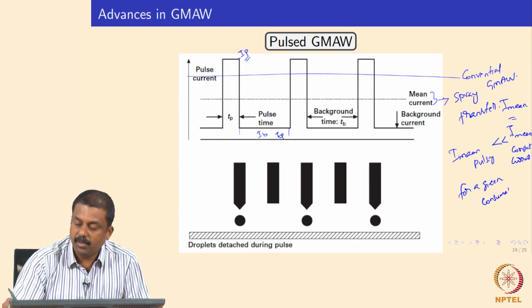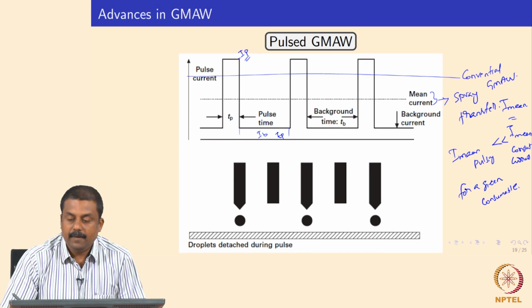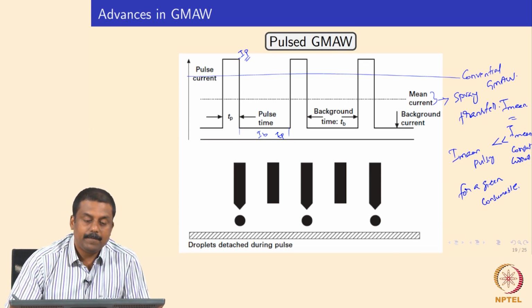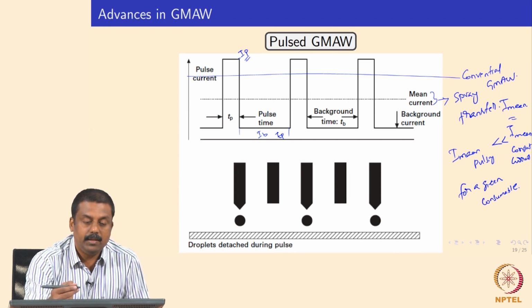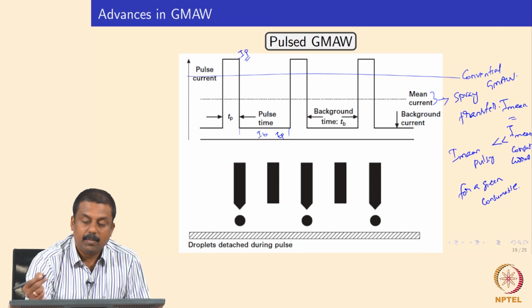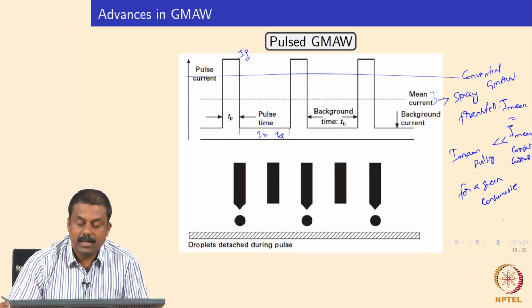So if you have a 1.2 mm carbon steel consumable, if your I mean is 200 amperes in constant current, when you have a current pulsing, the IP, the pulse current, can go up to 320 or 350 amperes, but your I mean will be decreased significantly to the range of 150 amperes.